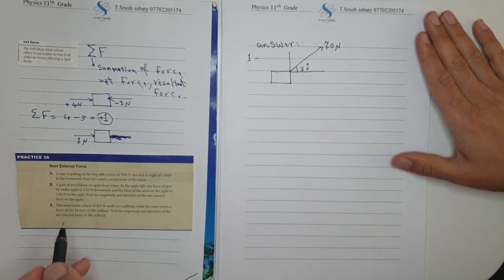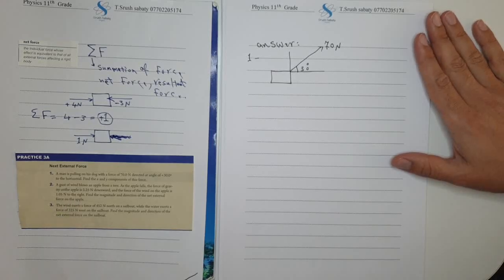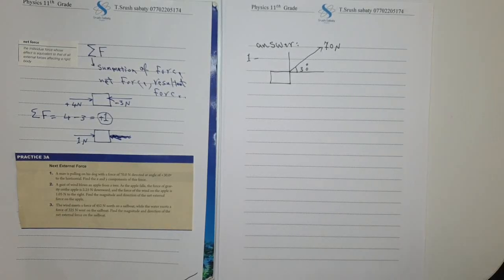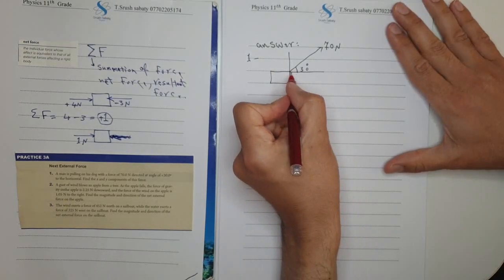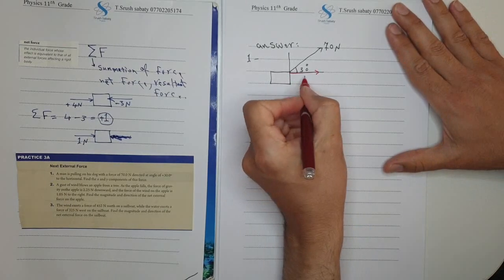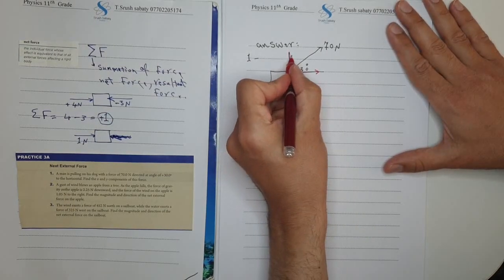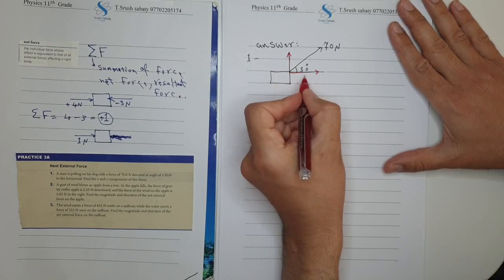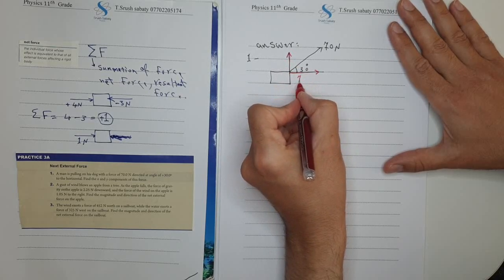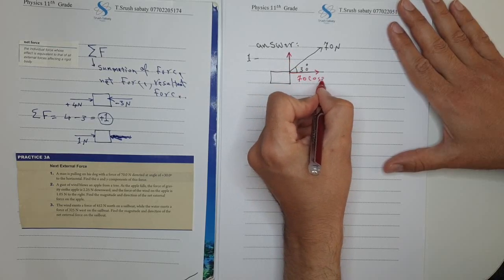And find the x and y axis. So it said, by another meaning, please analyze it. How can we analyze it? It will be analyzed to the x and y axis. So this one will be 70 cosine 30 degree.